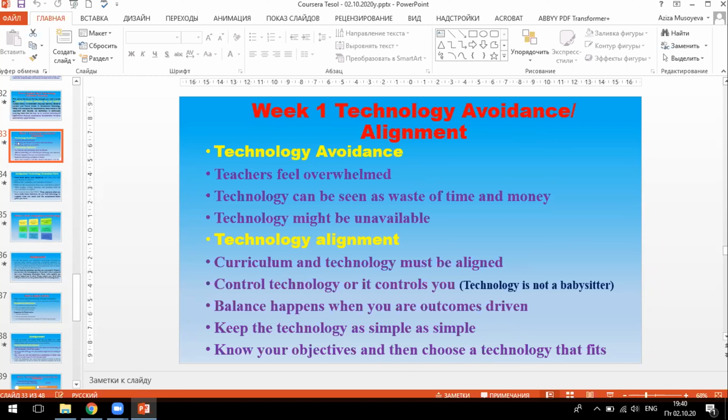And technology alignment, they said curriculum and technology must be aligned. For example, if they are different, if they don't match, you cannot have a good result at the end. And you should control technology, otherwise it controls you.